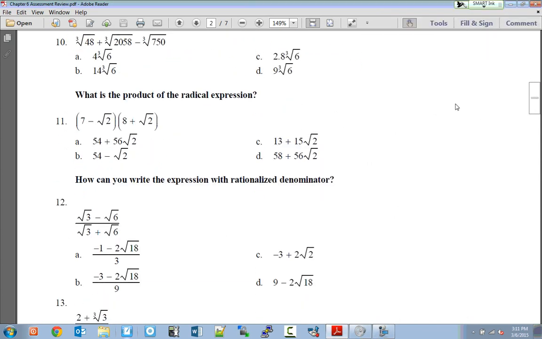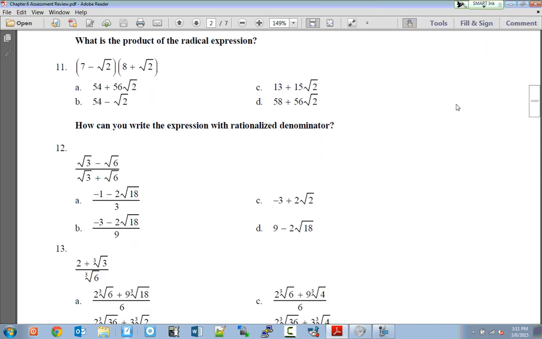Alright, number 11. What is the product? Well, anytime you're multiplying together two numbers like this, you just simply FOIL them, just like you would if it was x plus 3 and x minus 5 or something. So 7 times 8 is 56. And then 7 times the square root of 2 is just 7 square root of 2.